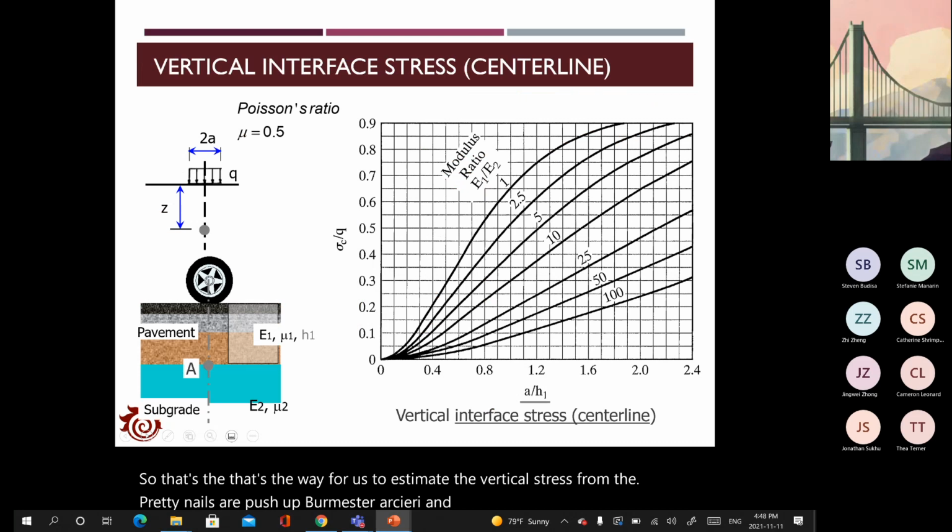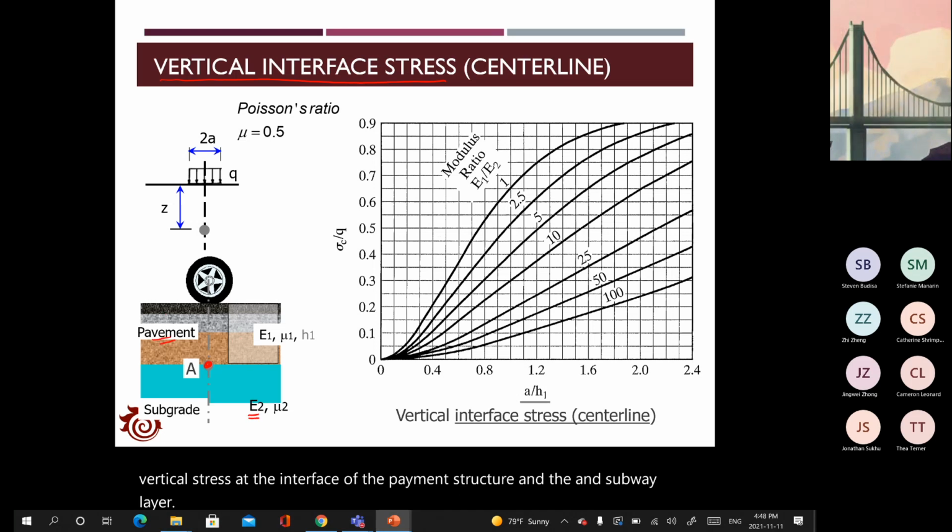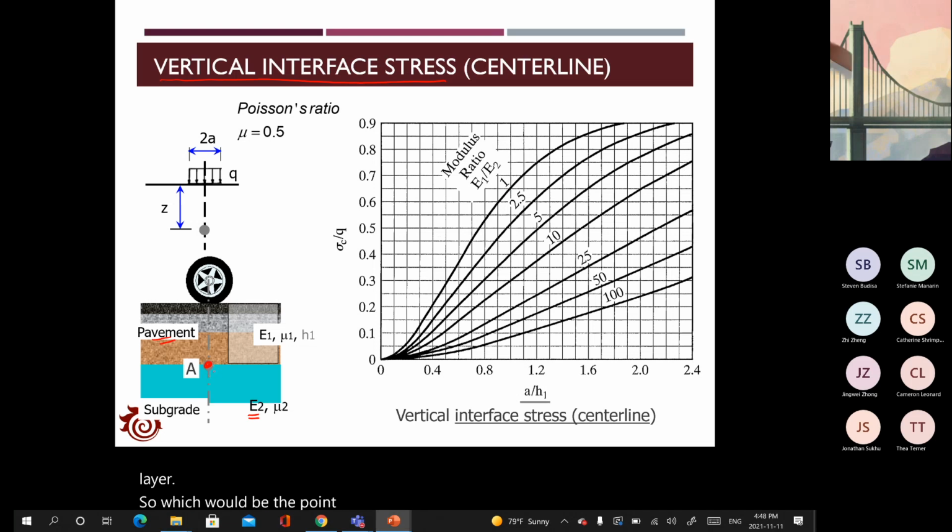And we can also identify the vertical interface stress. That will be the vertical stress at the interface of the pavement structure and the subgrade layer. So which would be the point A in this graph.